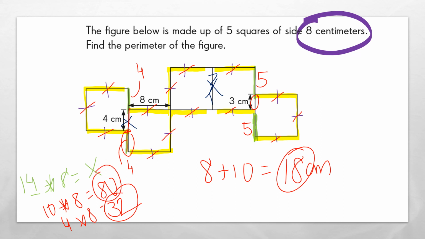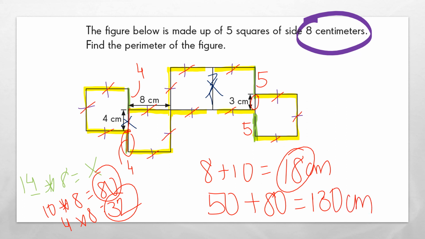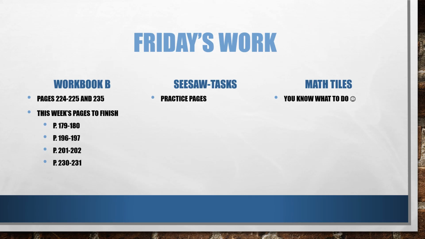So 18 and 32. 32 and 10 is 42 plus 8 is 50. So now I have 50 plus 80 is 130 centimeters. So the perimeter is 130 centimeters in length.